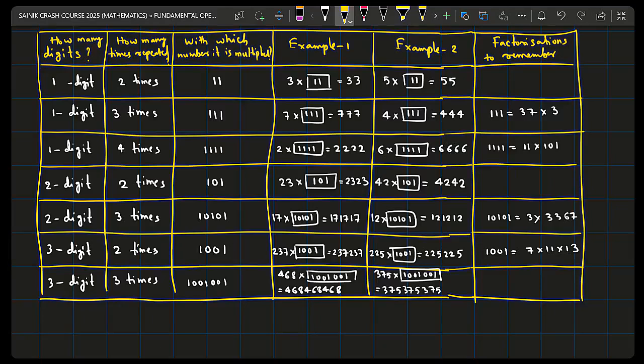Sir, why do we always get 468? Because there are ones and there are zeros. 1 multiplied by 468 will give you 468, and the remaining zeros are not contributing any digit. That means the 468 is not going to change until the next 468 comes, right? That's why it will come repeated.